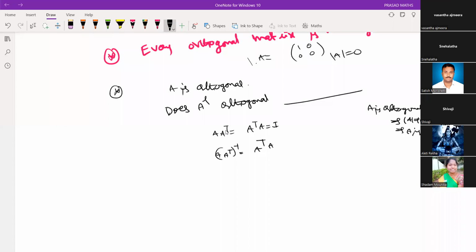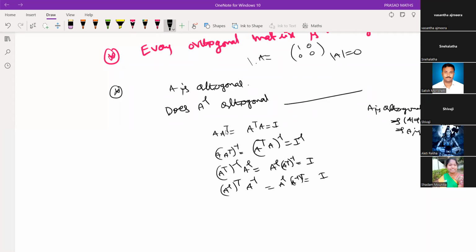You can take the inverse on both sides. The inverse of a product is the reverse product of inverses, that means the inverse of A transpose on one side and A inverse on the other, equal to the inverse of I, which is I. What is the inverse of A transpose? The transpose of the inverse, as seen already: the inverse of the transpose equals the transpose of the inverse.